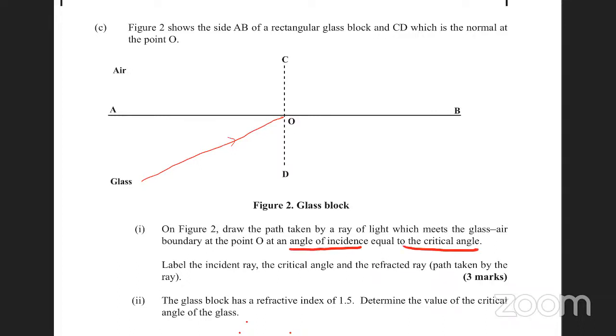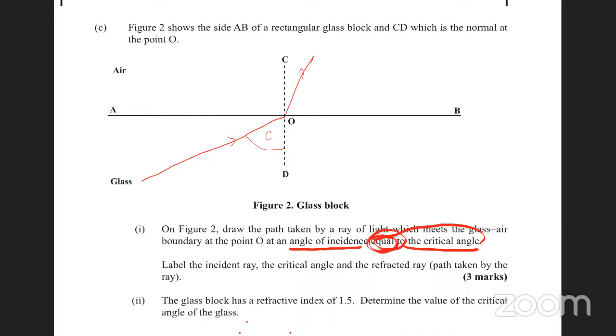So where do I draw that refracted ray? Angle of incidence is equal to the critical angle. Where do I draw that refracted ray? The question said equal to the critical angle.